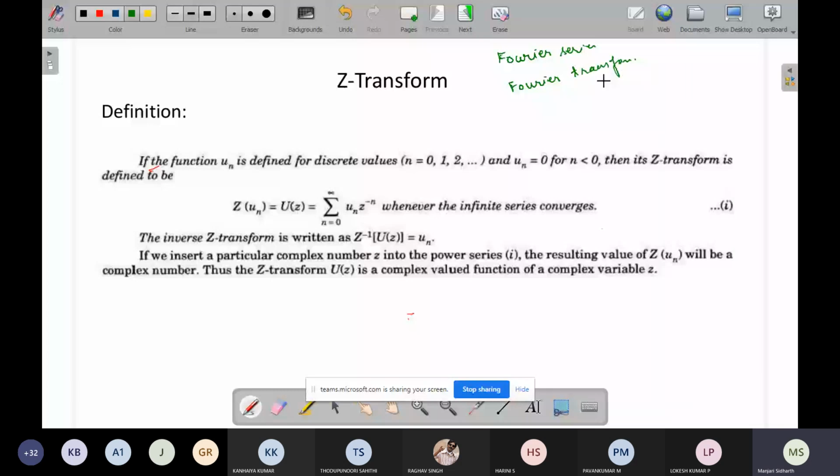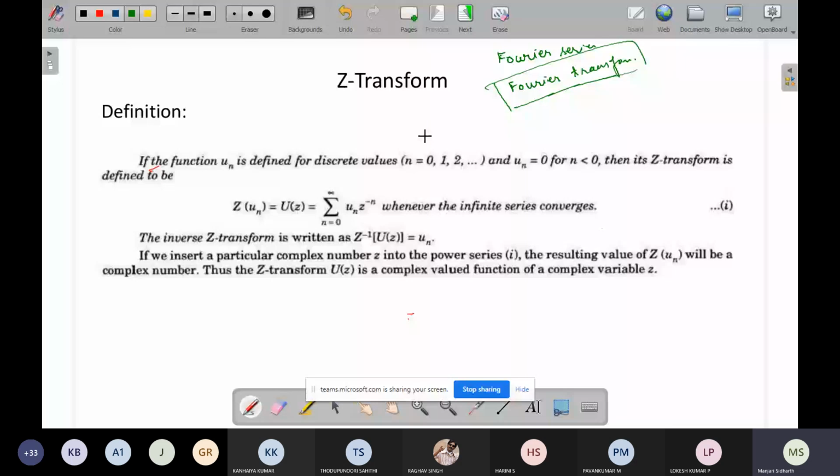Fourier transform means when we have a time dependent continuous function and you want to change the domain of the function to the frequency domain, a frequency based function, then we use Fourier transform. But when we have a discrete function, for the discrete function we use Z transform.